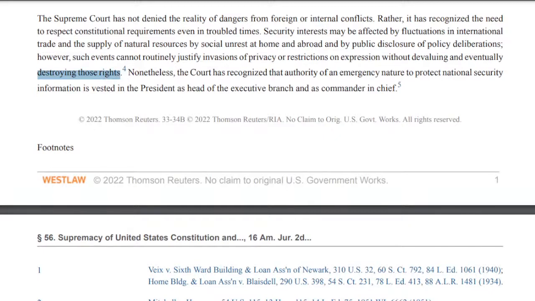So when someone claims security interest is a justification for invading your privacy or restricting your expression, in effect, it can't do that on a limited aspect without devaluing and eventually destroying those very rights. Nonetheless, the court has recognized that authority of an emergency nature to protect national security information is vested in the President as head of the executive branch and as Commander-in-Chief.